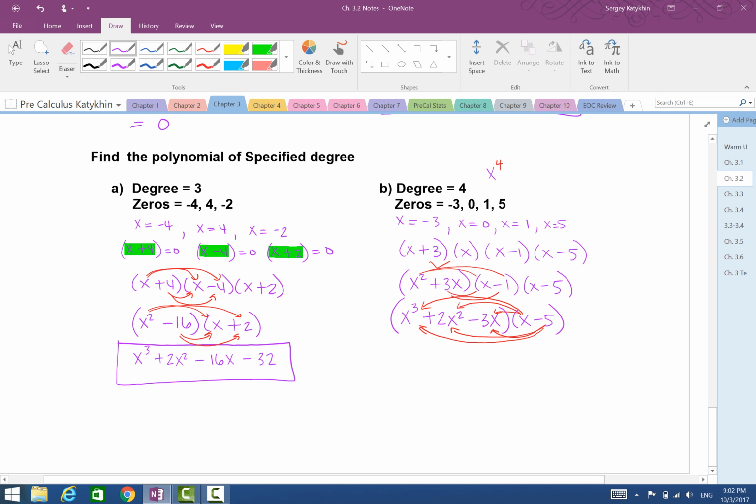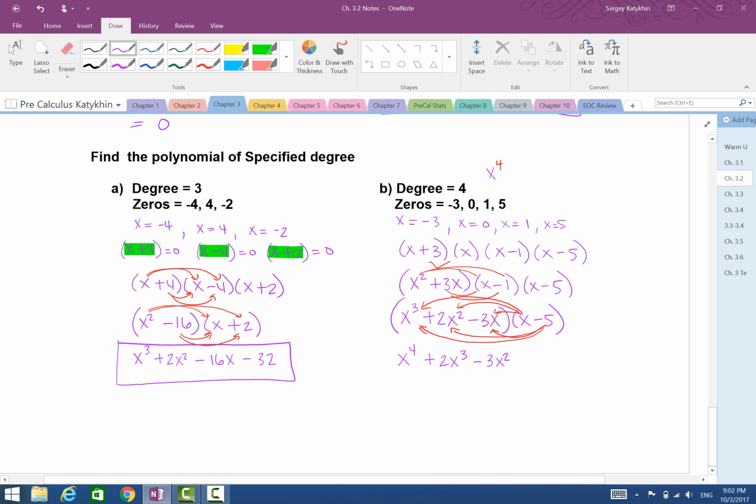So let's see what we get. X to the third times x will give us x to the fourth, which is a good thing. That's degree 4. 2x squared times x will give us positive 2x cubed. Then negative 3x times x will be negative 3x squared.